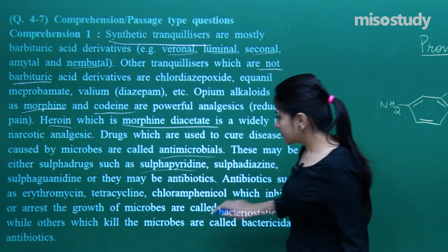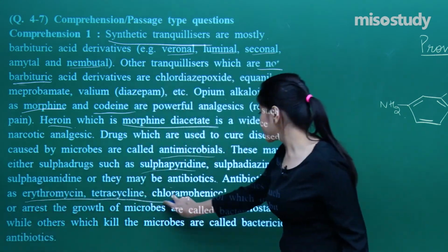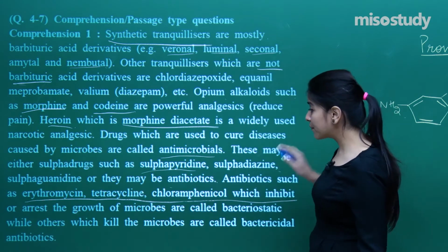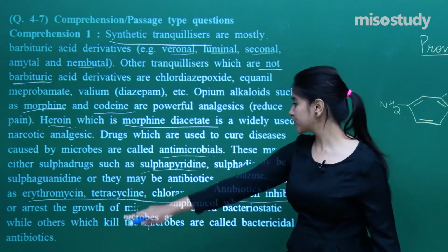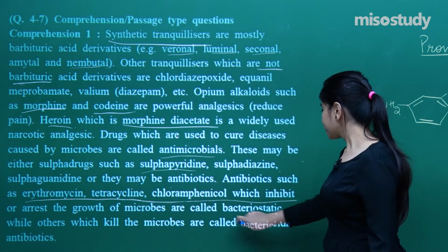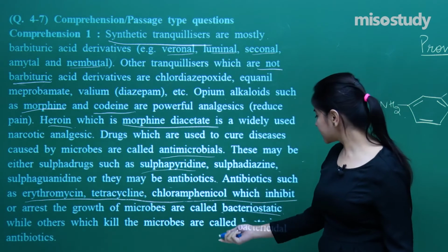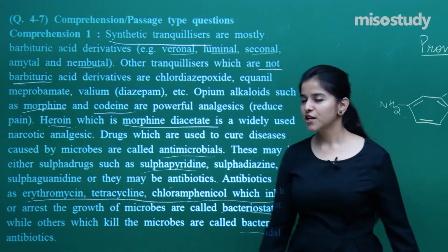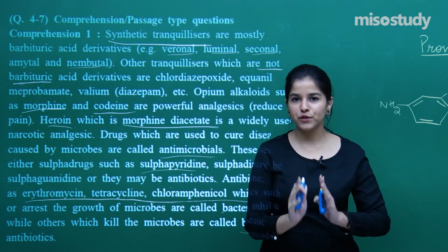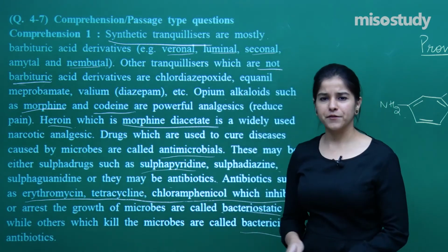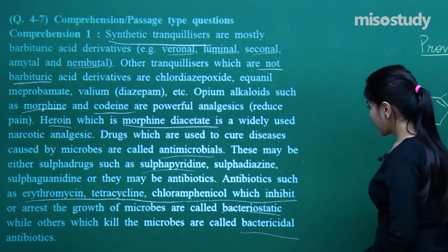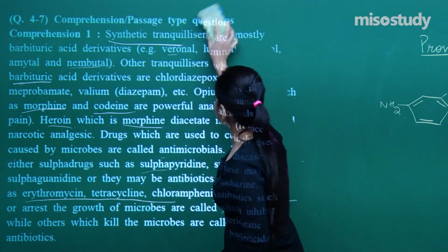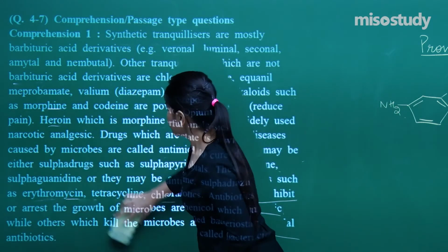Antibiotics such as we all have done, erythromycin, tetracycline, chloramphenicol, which inhibit or arrest the growth of the microbes, are called bacteriostatic, while the others are known as bactericidal. So I hope everybody is clear with the concept. It's very simple. Now if you have read it, let us just move on to the question part.